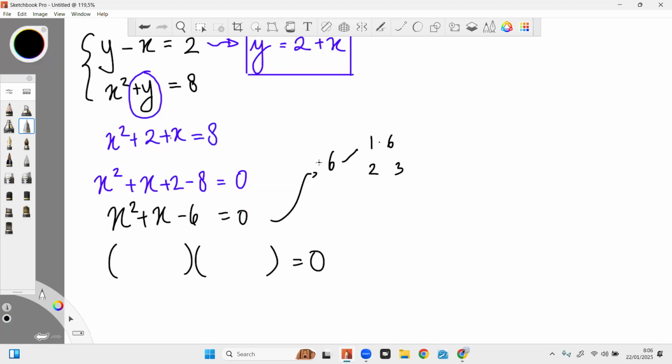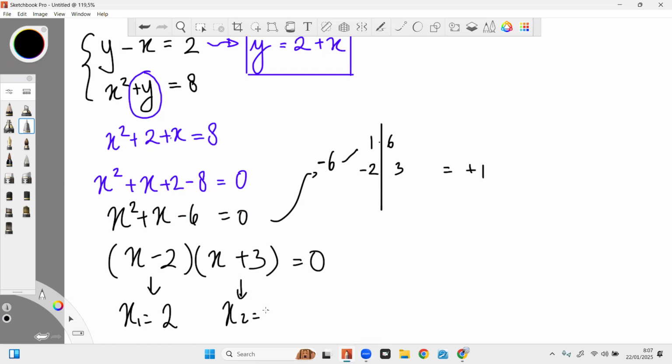But since we have negative 6, one of these numbers has to be negative to get positive 1, right? This is the sum. The negative is on 2. x minus 2, x plus 3. So we get the first x equals 2, second x equals negative 3.